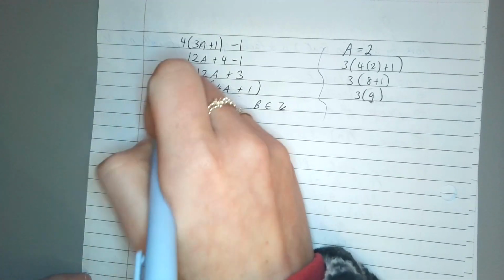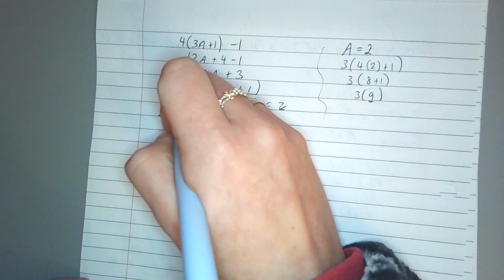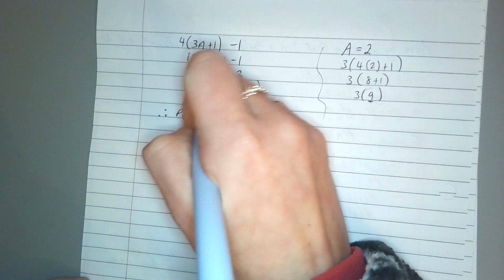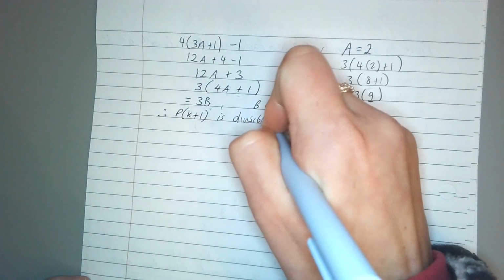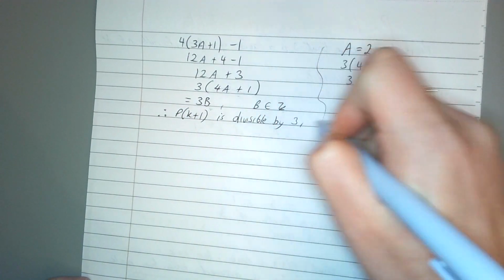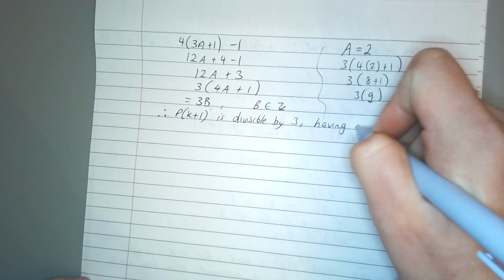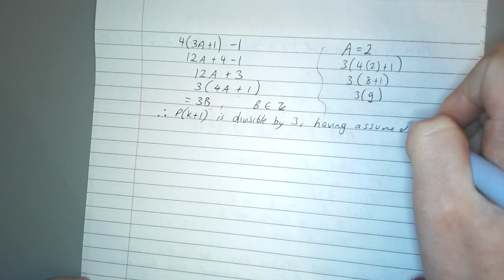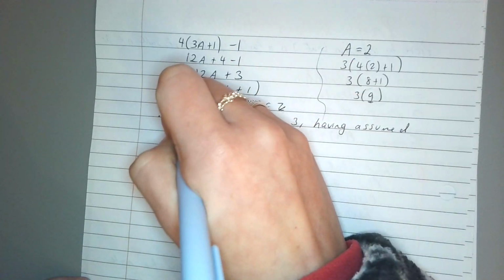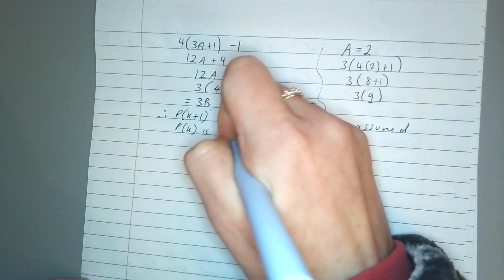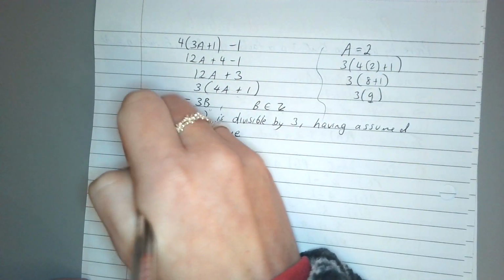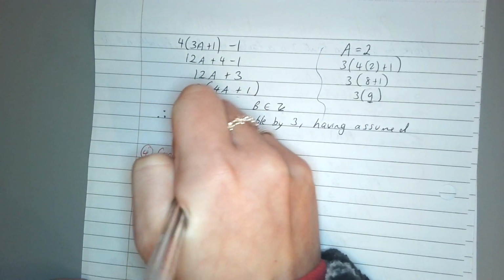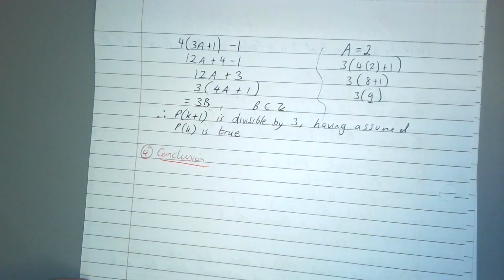Okay. Then we have our conclusion. So the proposition of k plus 1 is divisible by 3, having assumed that pk is true. And then our step 4 is our conclusion. And again, we're going back to the start.